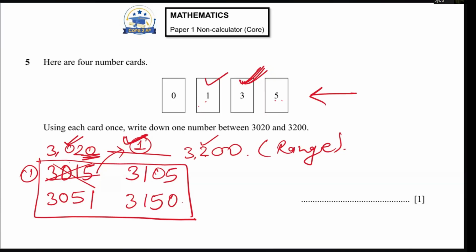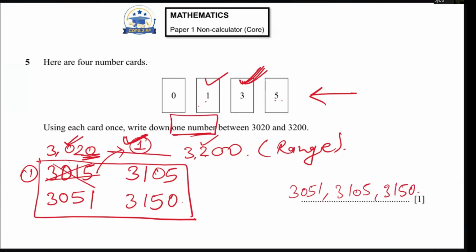Actually, using each card once, the question asks you to write down only 1 number. You may choose any one, but I am writing all: 3051, 3105 or 3150. You may choose any one because it is asking for only 1 number.